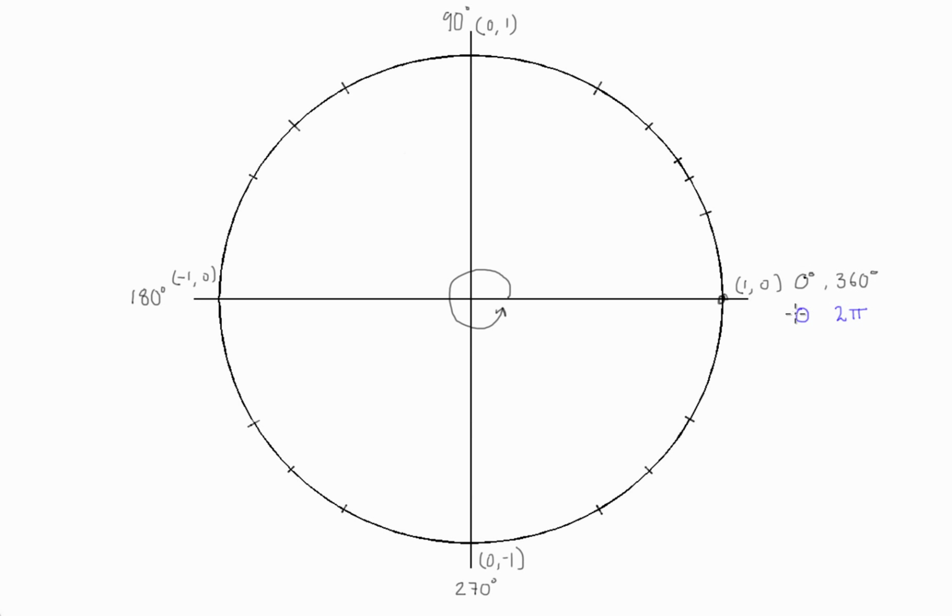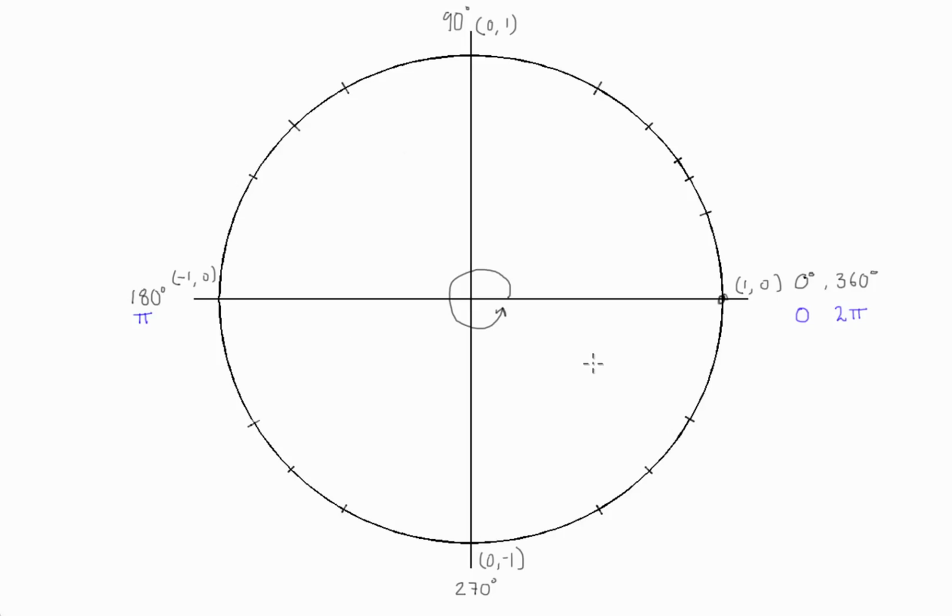To get the other main angle points, we know that 180 is half of 360. So the radian measure is going to have to be half of 2 pi, or just pi.